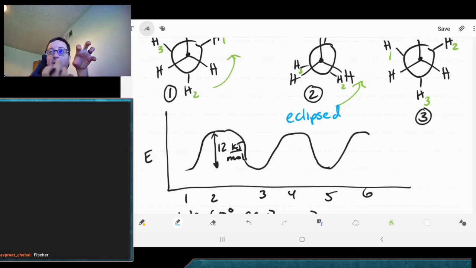The hydrogens from the front are now bonking into the hydrogens on the back carbon, and they're eclipsing each other as if it were a solar eclipse where the moon blocks the sun. Or is that a lunar eclipse? I'm not an astronomer. One of those two. The eclipse idea here is that they're blocking each other. So when they're overlapping like that, we call that eclipsed.